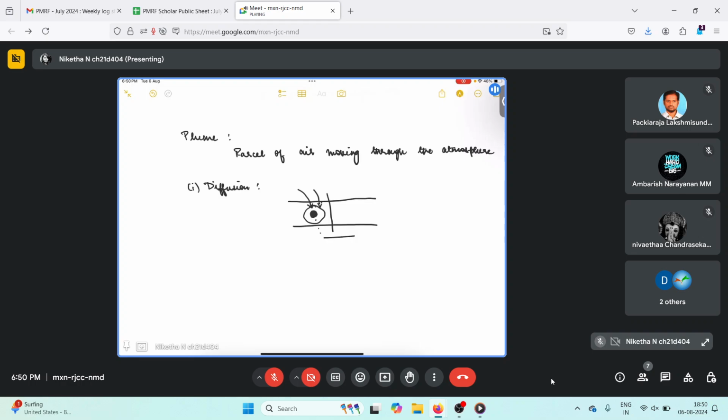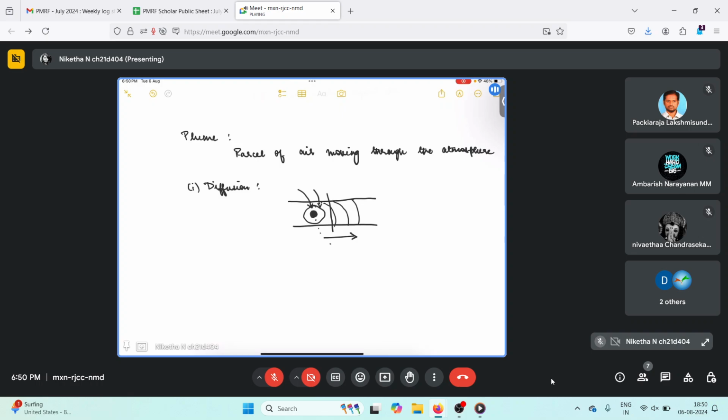As we move further and further away from this point, there is going to be a reduction in concentration of the pollutant. This will create a kind of gradient where at the innermost part the concentration will be the highest, and slightly away from this it's going to be a little bit lower, and as we move away and away from this the concentration is going to be lower and lower until it becomes almost zero.